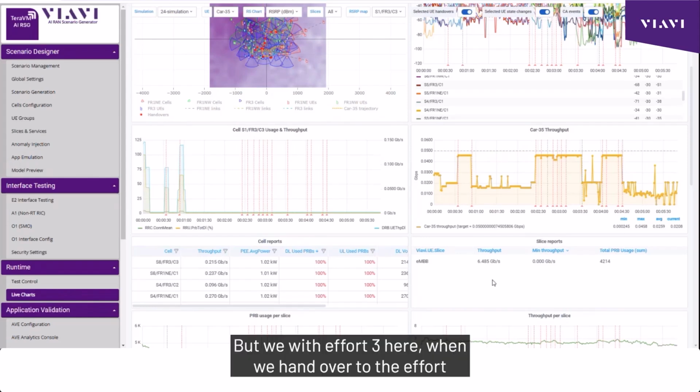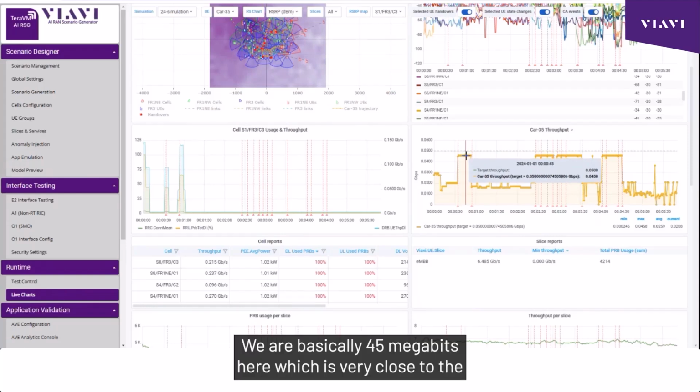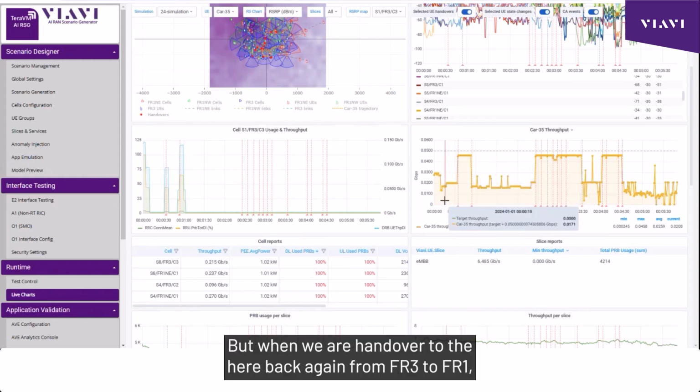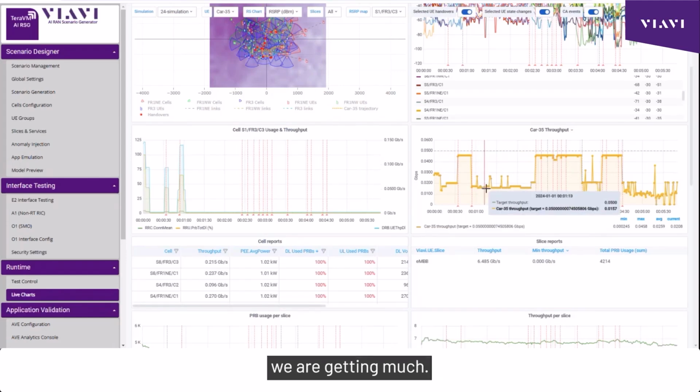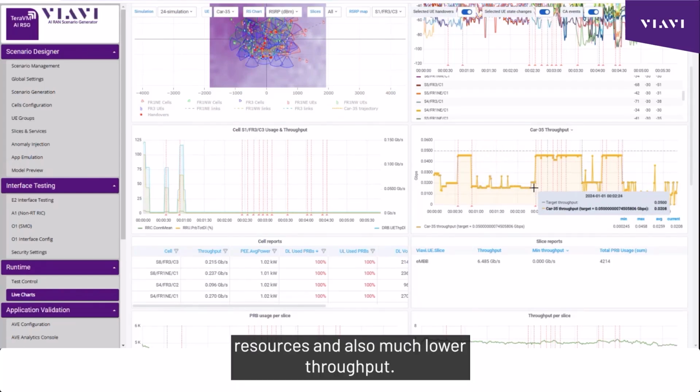But with FR3, when we hand over to FR3, we are very close. We are basically at 45 megabits here, which is very close to the demand throughput. But when we hand over back again from FR3 to FR1, the throughput is jumping because of the lack of resources, and it is also much lower.